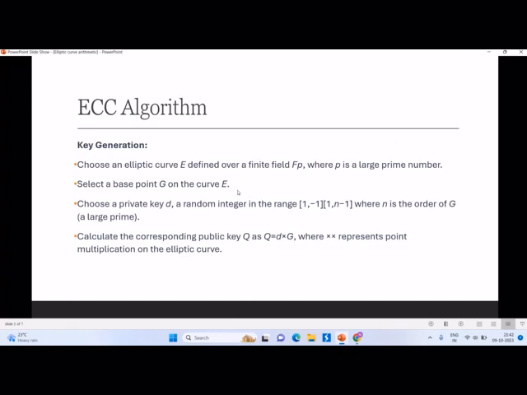Select a base point G on the curve E, and then choose the private key d as a random integer from the range 1 to n minus 1, where n is the order of G. We calculate the public key Q, where Q equals d into G, which represents point multiplication on the elliptical curve. This is about the key generation.